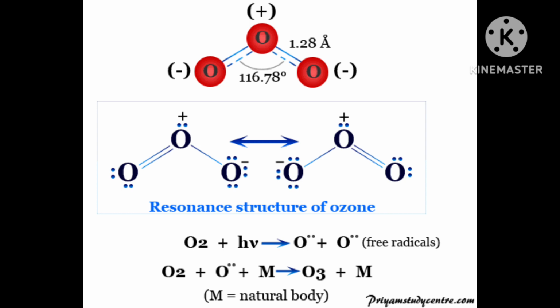When ozone reacts with an excess of potassium iodide solution buffered with a borate buffer, iodine is liberated, which can be titrated against a standard solution of sodium thiosulfate. This is a quantitative method for estimation of O3 gas. O3 gas means ozone gas.